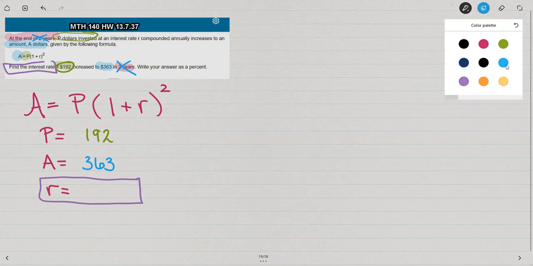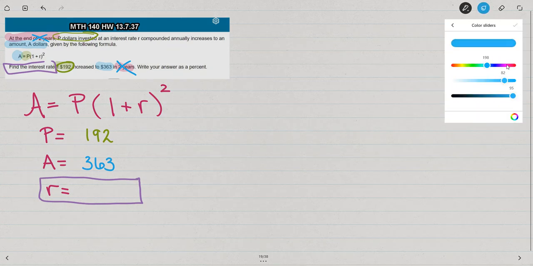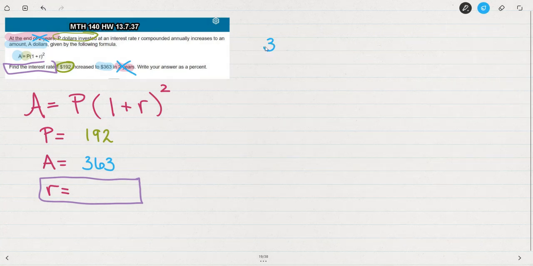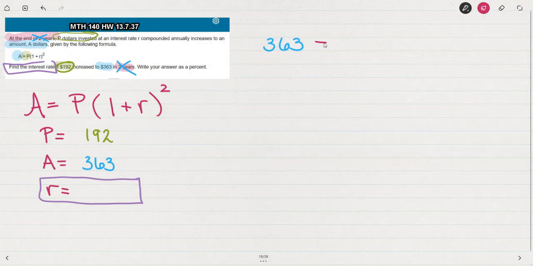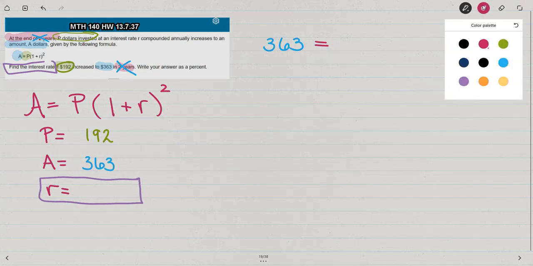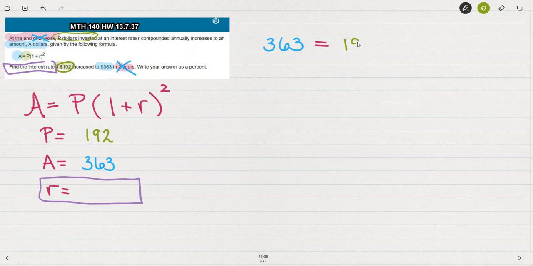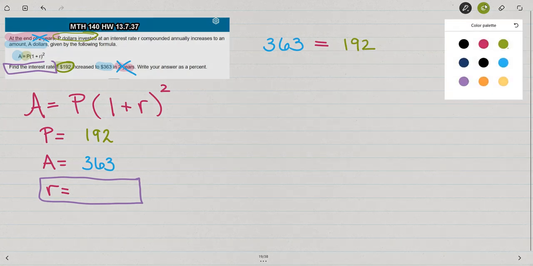So to solve this problem, I'm going to go to the formula, and in place of A, I'll write the 363. So we have 363 equals, and in place of P, I'm going to write 192.